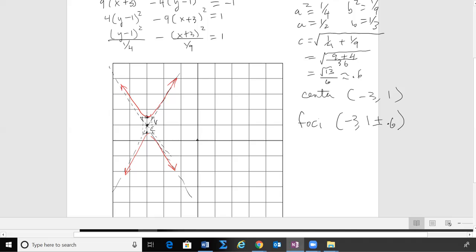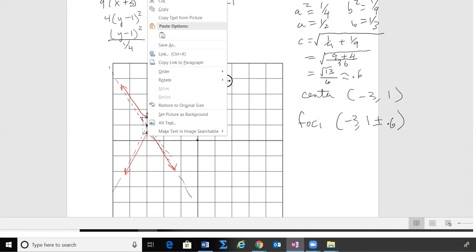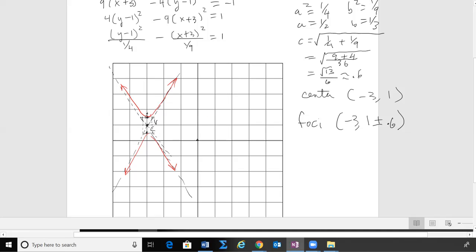It's right in there. Pretty close. 1 plus 0.6 is, I mean, remember that this distance was only a half, so it's really close in there. You can hardly see it the way I got it drawn there. Okay, but this is technically our location for those. Not necessary for the drawing.